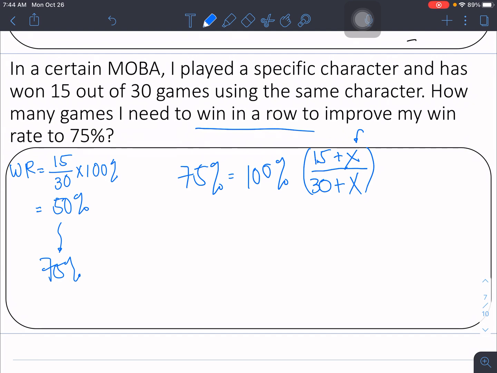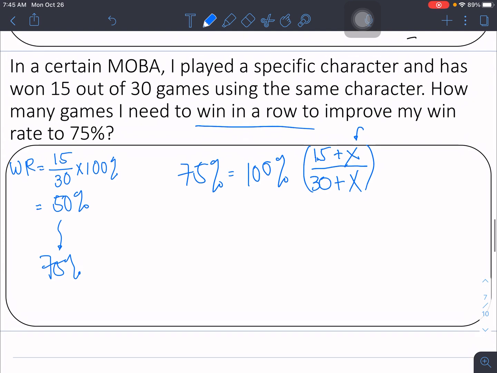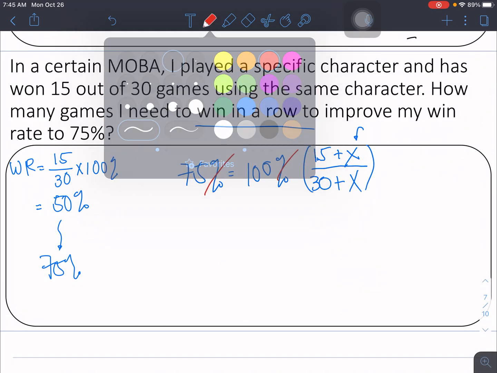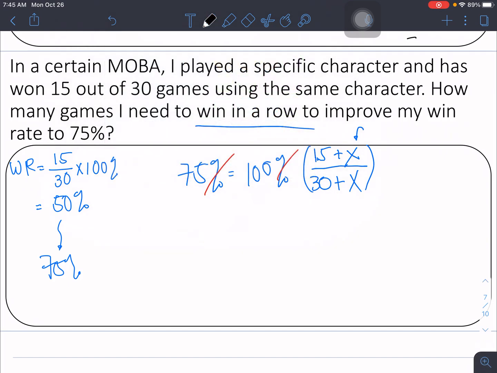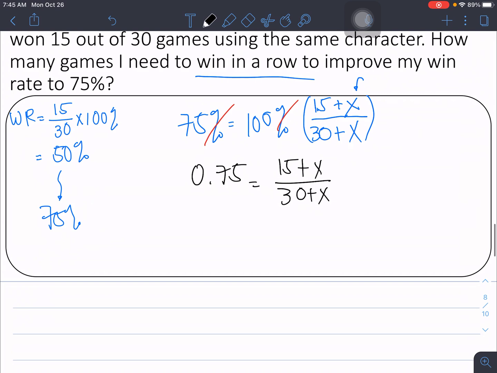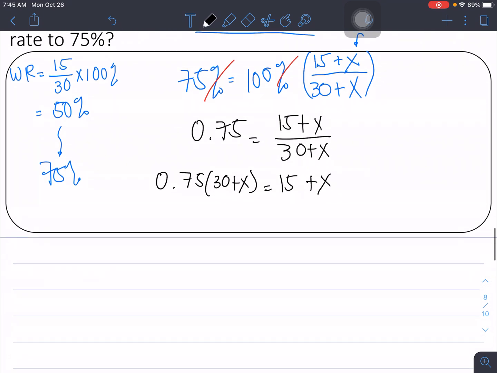So this will be our equation. Let me remove the percentage unit here. So 0.75 is equal to 15 plus x over 30 plus x. So this will be 0.75 times 30 plus x is equal to 15 plus x.